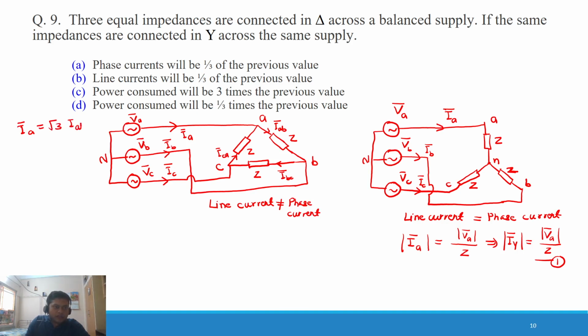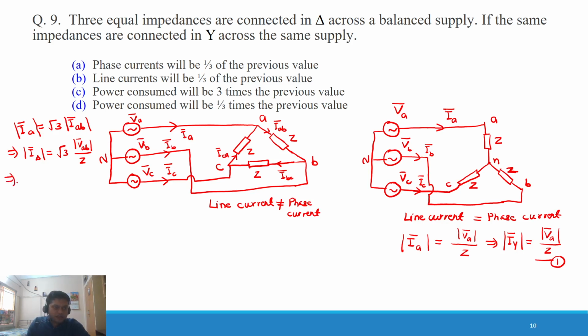We take IAB as magnitude only, not taking care of angle here. IA is the line current, so we can write it as I delta, the line current in the delta connected load. The IAB value will be VAB divided by Z, because IAB is connected through voltages VA and VB. The difference VA minus VB gives the voltage across this impedance, and that allows the current to flow in this impedance.